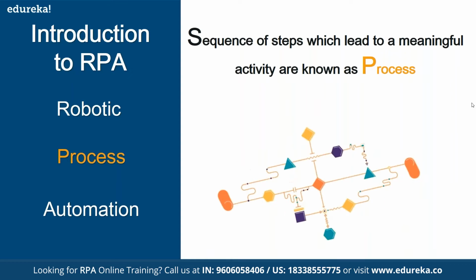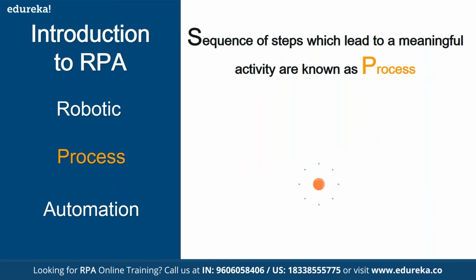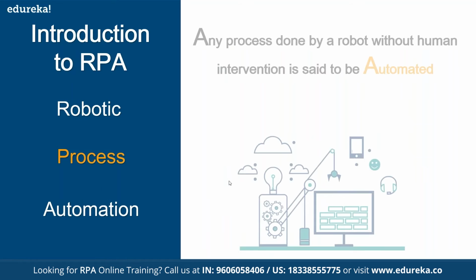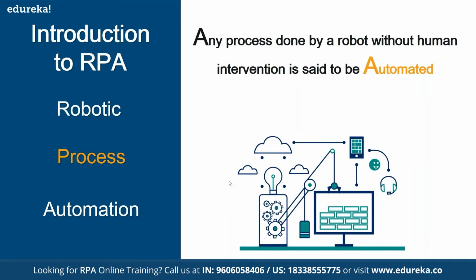A robot, which is a software, has the capability of performing the action, that is, the process. Doing that process without human intervention is called automation.